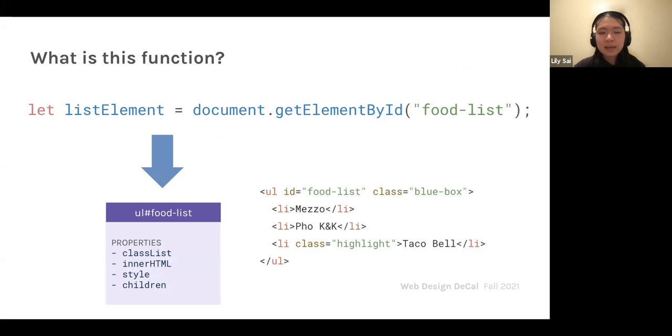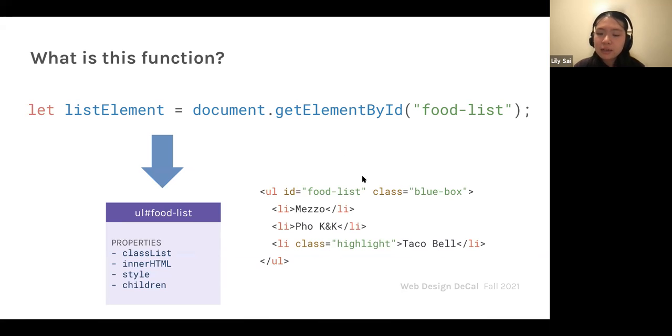So how you use it. If we have this piece of code on the bottom right, it's a list that has an ID of food-list, and also a class blue-box, and then it has a bunch of list items inside with different restaurants. You can also see what the DOM element might look like on the left. We'll be able to get this unordered list object using document.getElementById, by ID.